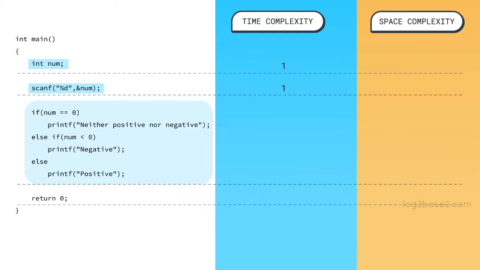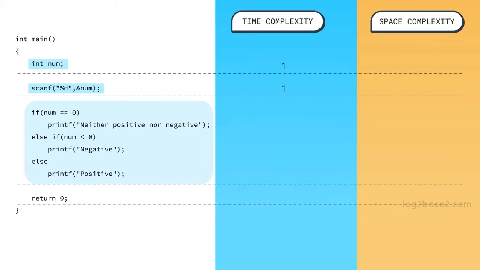So what happens here? For a given input, either if statement will work, or else if part will work, or else part will work. Simply, any one of these cases will work for a given input. For example, if num is equal to 0, only if part will work, else if and else part will be skipped.